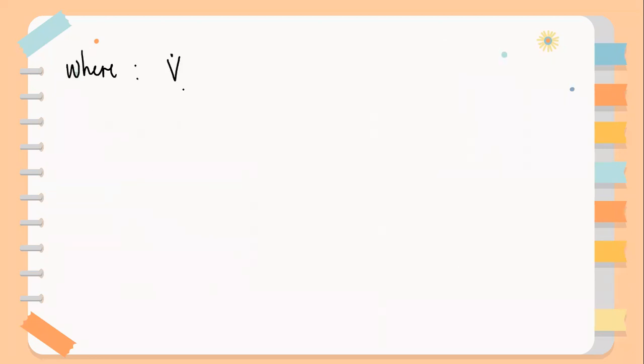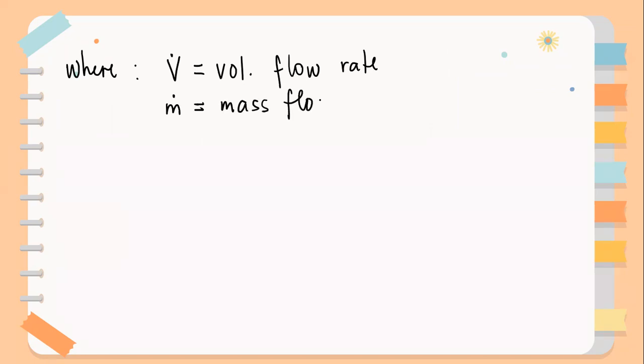Okay, volume flow rate. Then we have M with a dot, that is mass flow rate. V is the total volume, capital V, total volume.